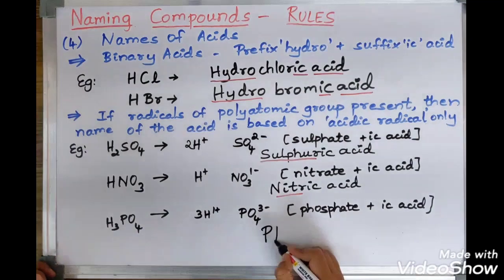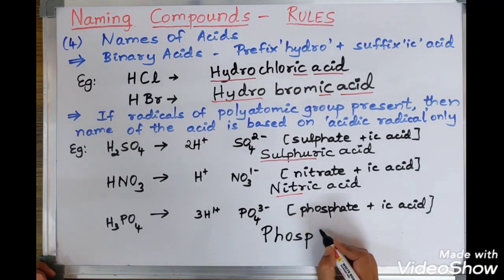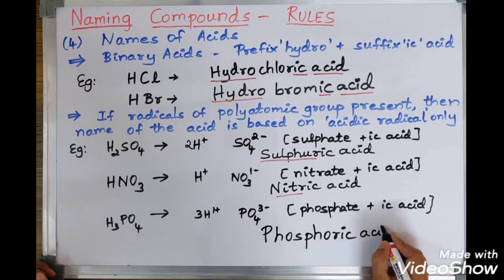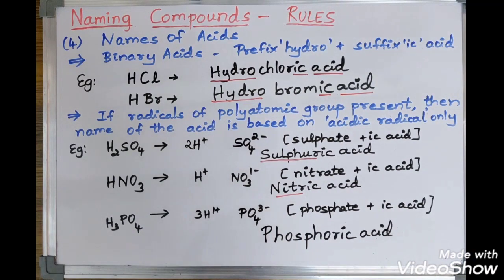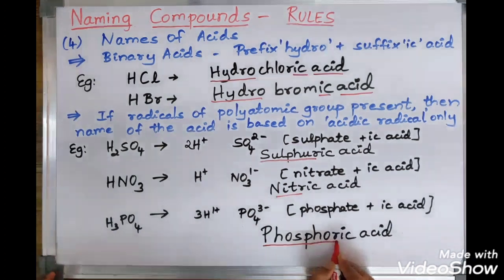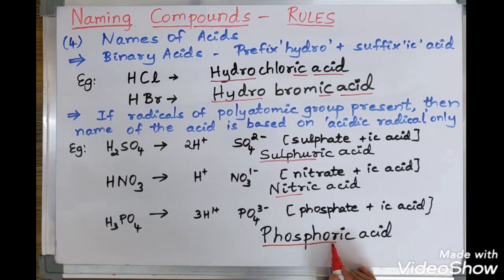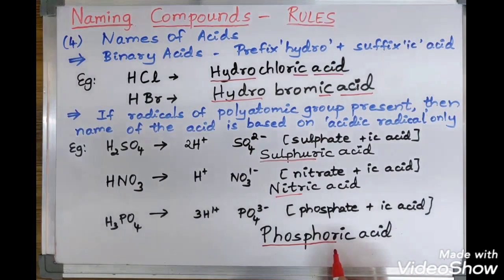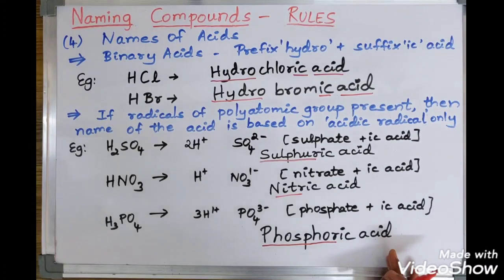So the name will be phosphoric acid. That is, here we have the root word phosphor. This is the root word. To that, ic acid. So the name will be phosphoric acid.